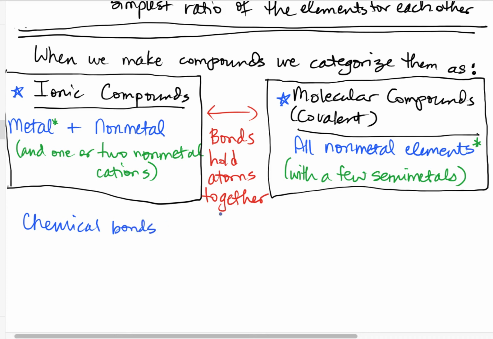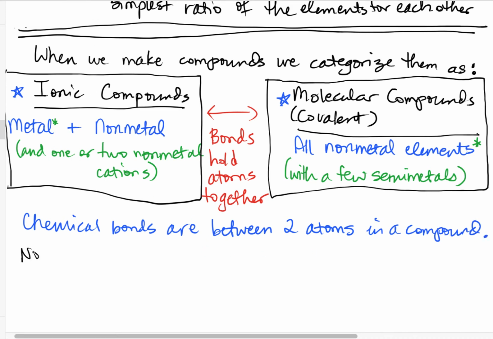And each bond is individually between 2 atoms in a compound. So when we have non-metal elements, these atoms will share some of their electrons.